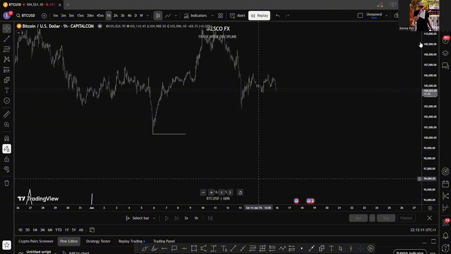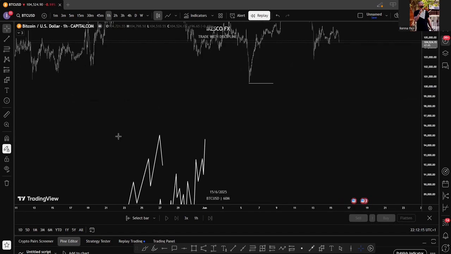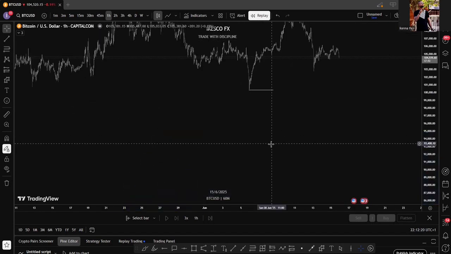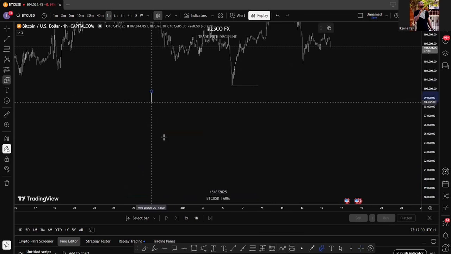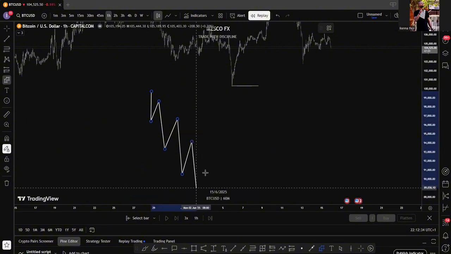Now, what you should know is this. You should know how to identify your highs and your lows on every structure. Now, let me say the market is coming down from a distance, giving us bearish momentum coming down like this, right?